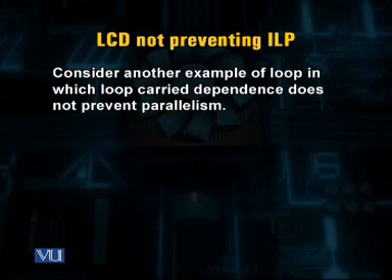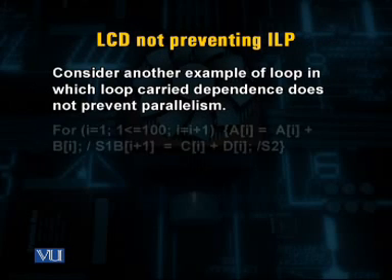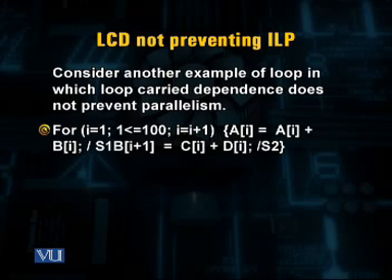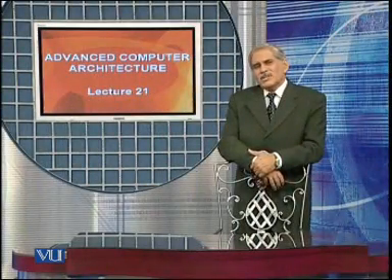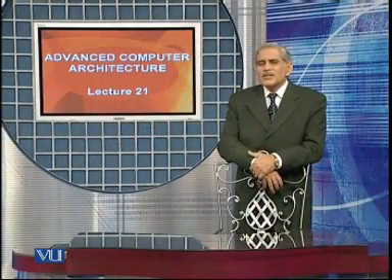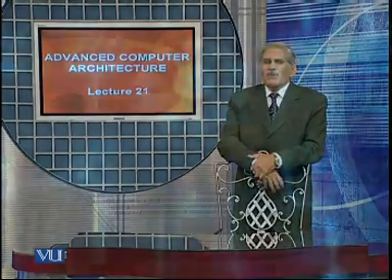Now let us consider another example of a loop in which loop carried dependence does not prevent parallelism. Here in this example also we have two statements in a loop. However, the dependence of the first statement on the second or the second on the first is different as compared to our previous example.